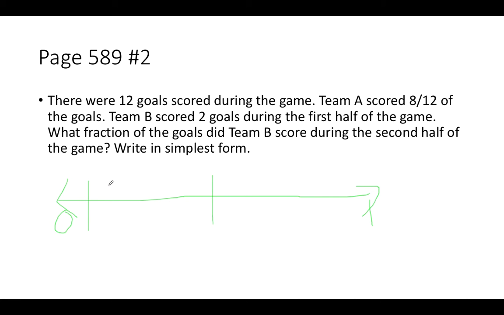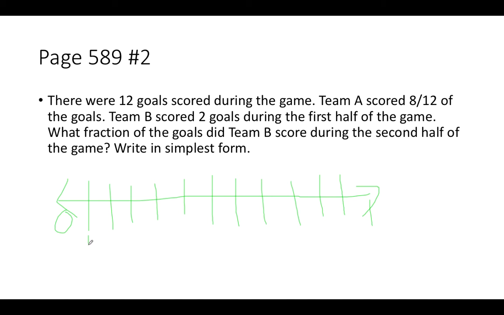So that should give us 1, 2, 3, 4, 5, 6. Perfect. And on this side, 1, 2, 3, 4, 5, 6. Now let's label this.